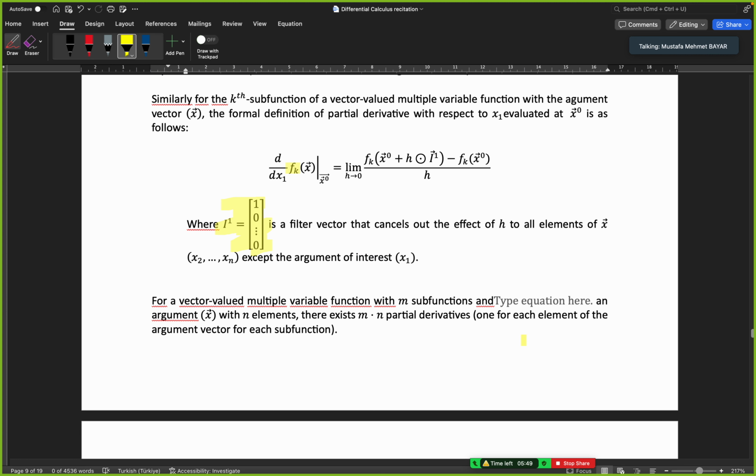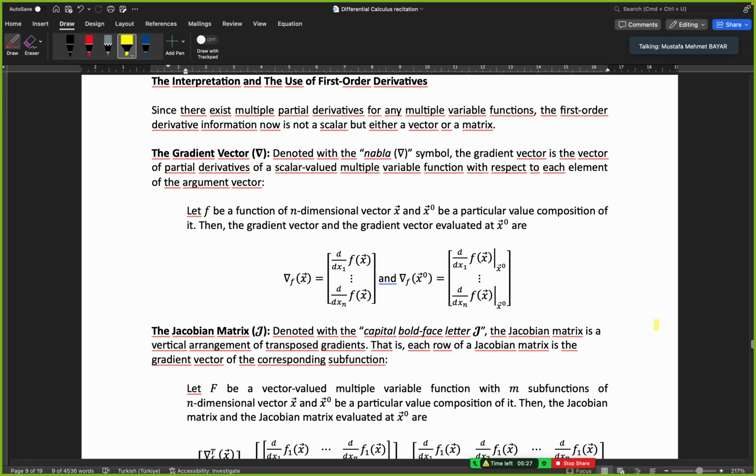Let's talk about the use of first-order derivatives. It's very similar. If the first-order derivative information is zero-valued for all functions with respect to all arguments, then you have a critical point.